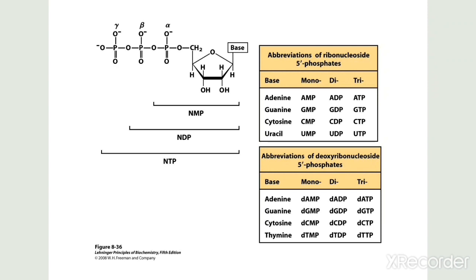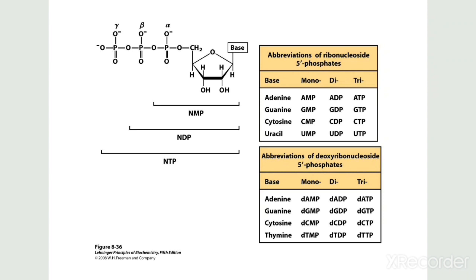If you see down, in case of deoxyribonucleoside 5-phosphate, for adenine, with one phosphate group, it will be called deoxy-AMP, dAMP, deoxyadenosine monophosphate. And for guanine, with one phosphate group, it will be called dGMP, that is deoxyguanosine monophosphate.